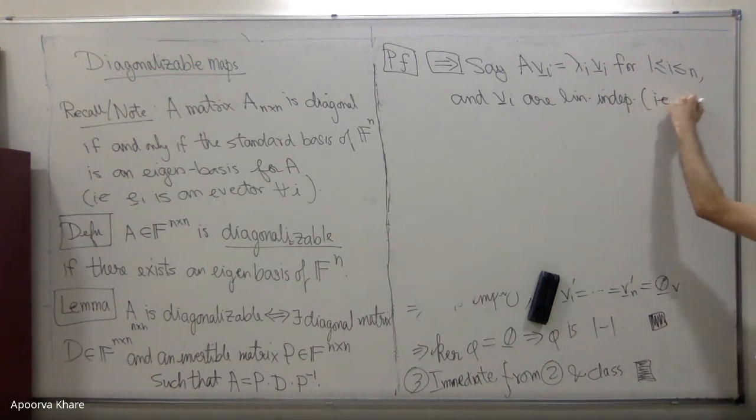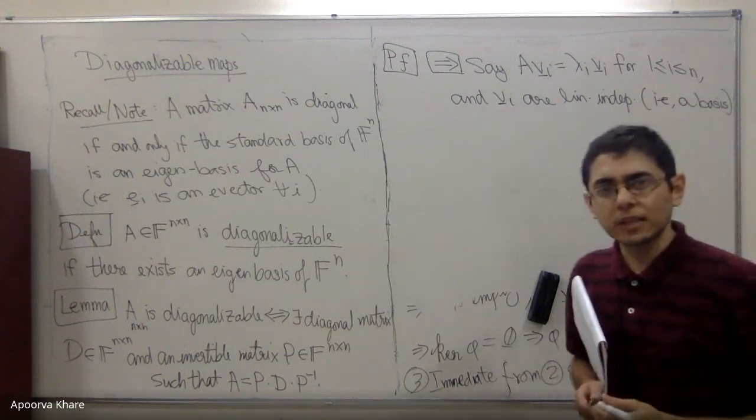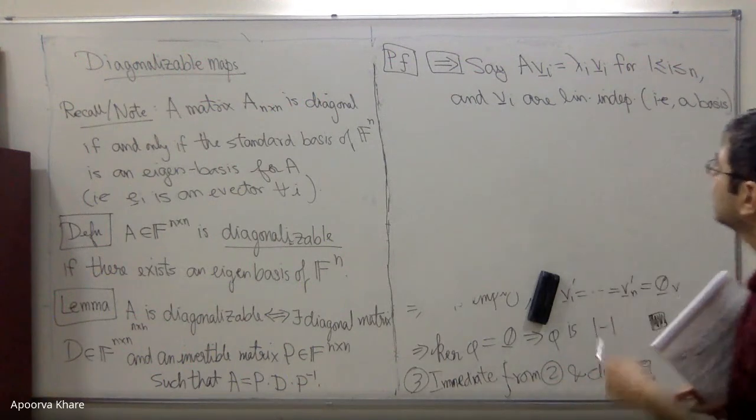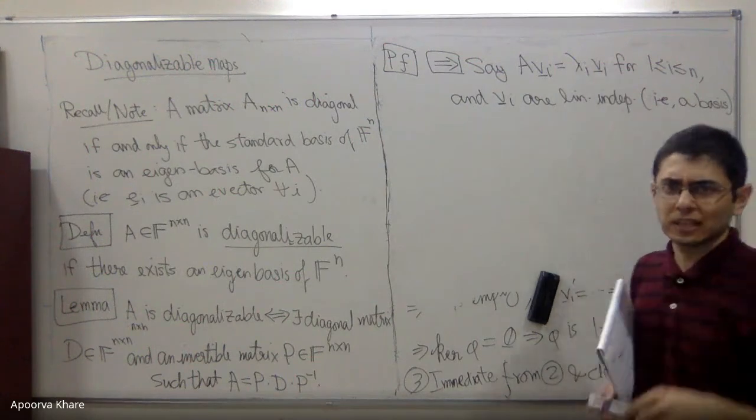Right? If you have a linearly independent set of size N in F to the N, then it's a basis. We already proved that. I'm not saying the lambda i's are distinct scalars, they're just some scalars.